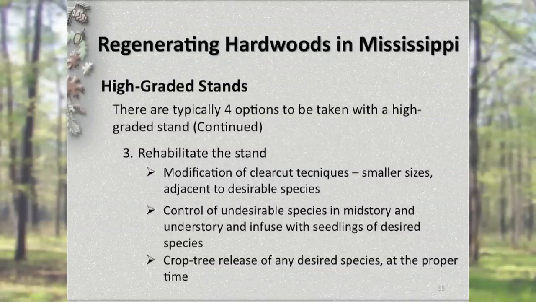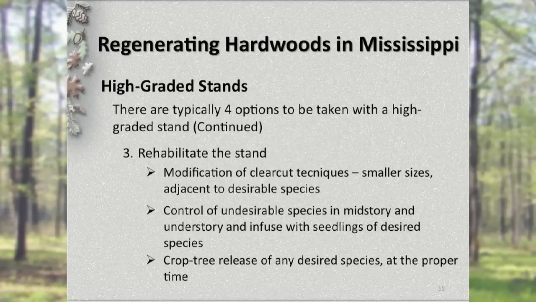If we are trying to rehabilitate the stand, we're going to have to take simple steps. First, a modification of clearcut techniques, but these will usually be in smaller sizes, and we want them adjacent to more of the desirable species if we can find that.